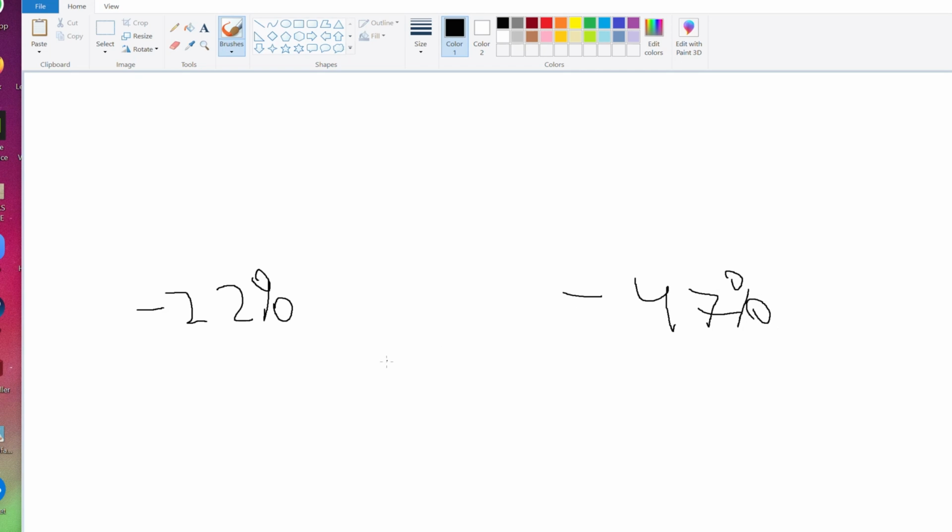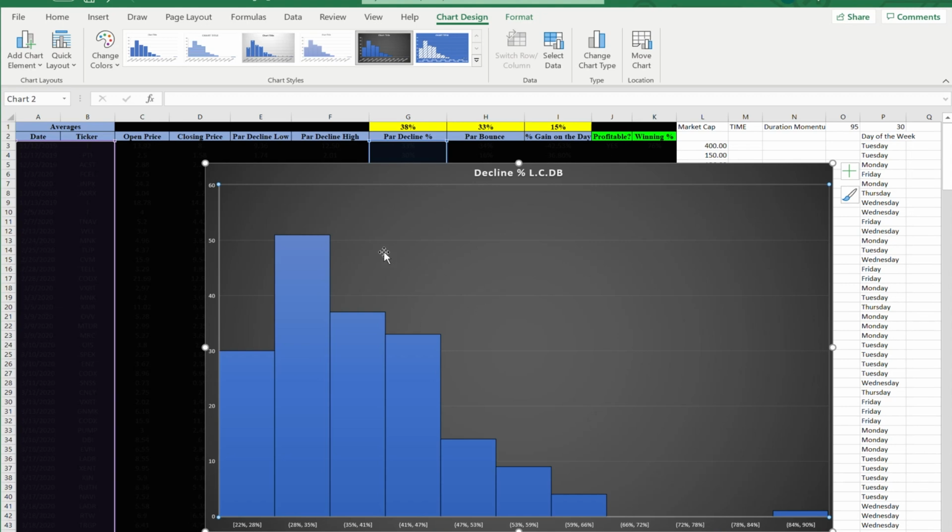This is going to be most of our data, like 80% of our data or something like that. So 80% of the time when you're trading this pattern, you must wait for a decline from negative 22% to negative 47%. That's the idea of what we just got from here.